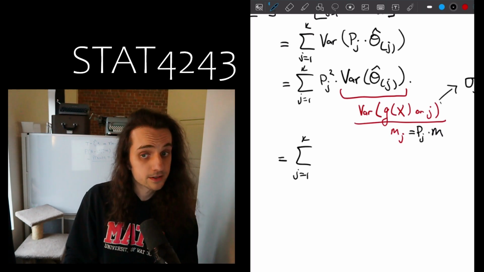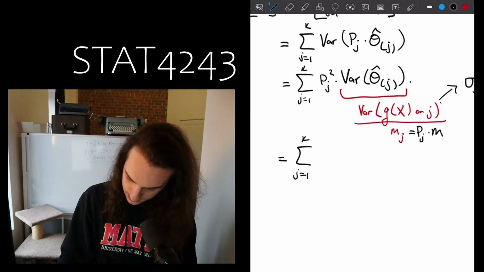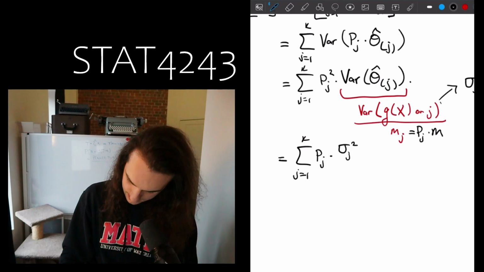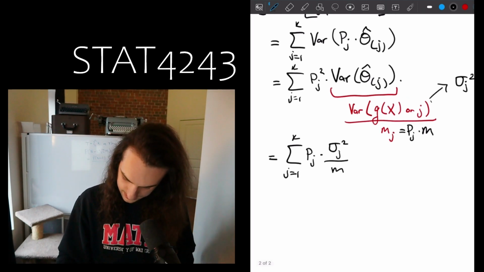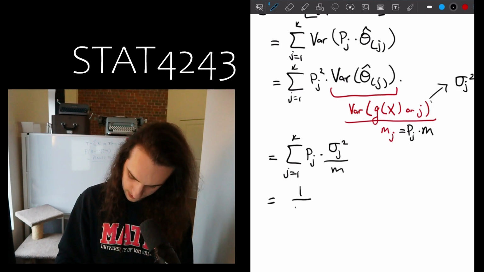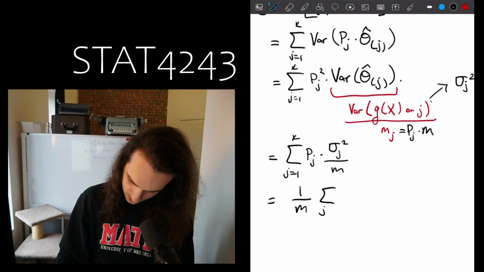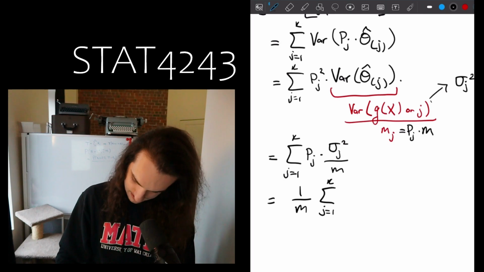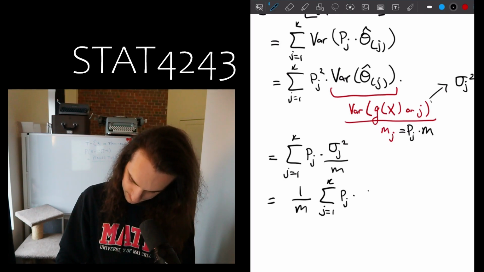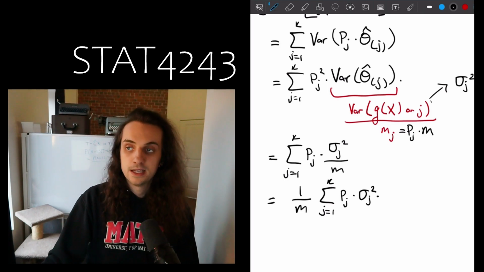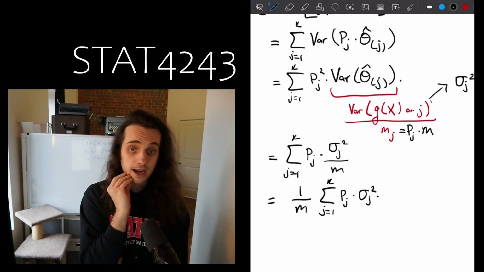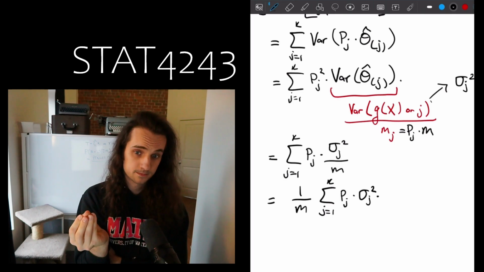This pj squared is going to cancel out the pj in the denominator, and so we're going to be left with pj times sigma j squared divided by m, right? And we can pull that m out front, and this leaves us with 1 over m, the sum from j equals 1 to k of pj times sigma j squared, right? And so that's going to be the variance of our estimator here, right?